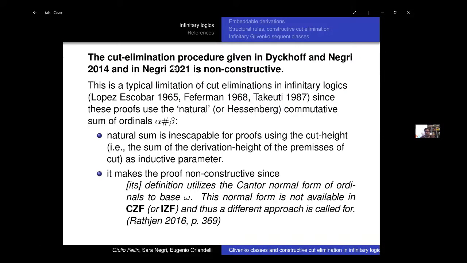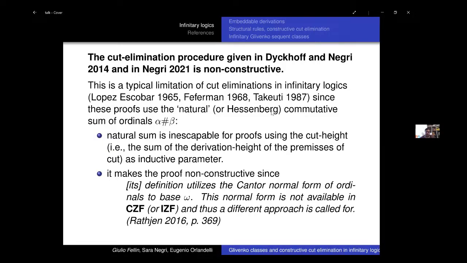The cut elimination procedure that is given in the work by Dyckhoff and Negri from 2014 and the work by Negri from this year is non-constructive. This is a typical limitation of cut elimination in infinitary logic, since the proof uses the commutative sum of ordinals.